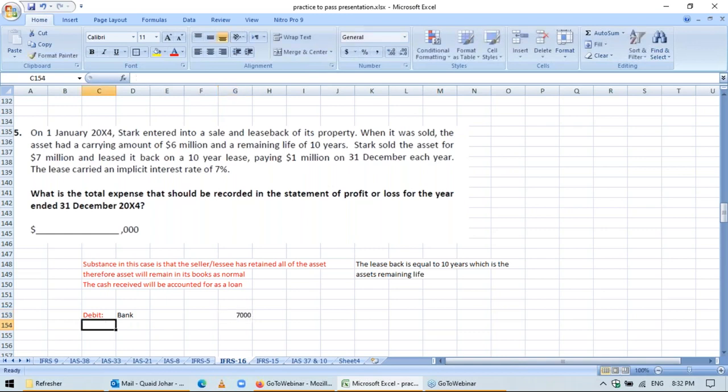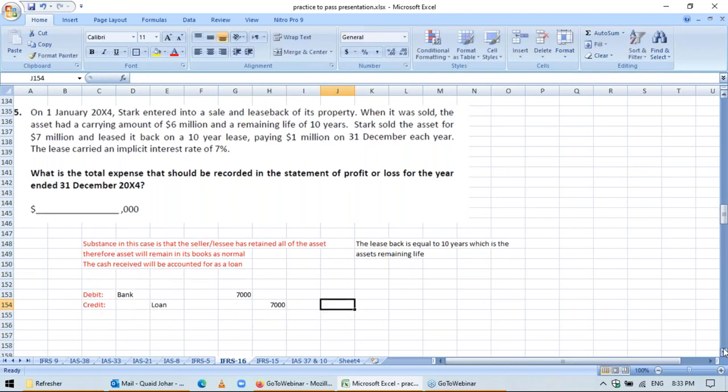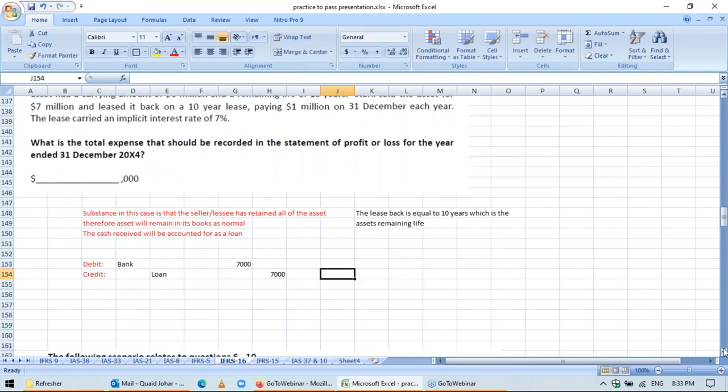This is in thousands, and we will credit the loan account by 7 million. So that's the entry on the sale and leaseback, where all of the asset has been retained, right?